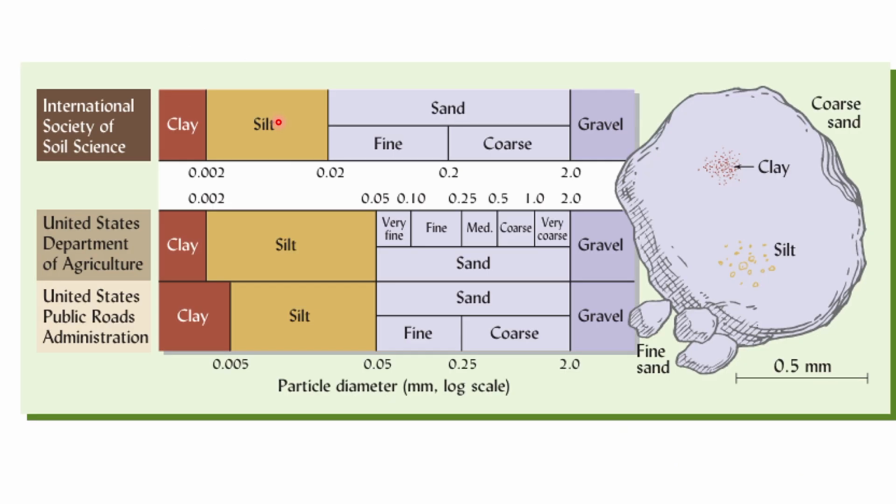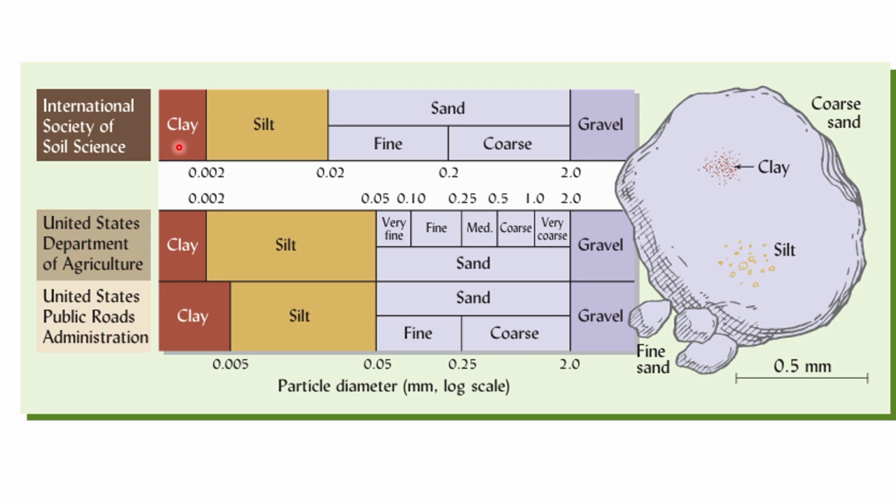For easy understanding, you can use this photo. This is coarse sand, then this is fine sand, much smaller than coarse sand. This is silt size, and this dot is clay. There is also the United States Public Road Administration classification, which is based on engineering purposes.